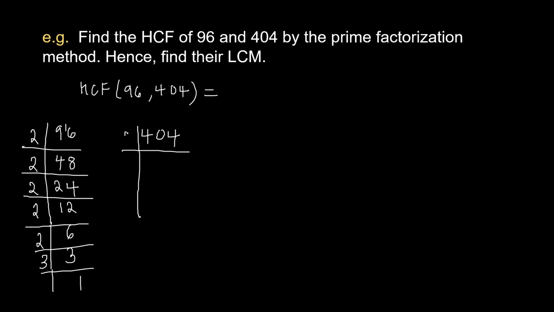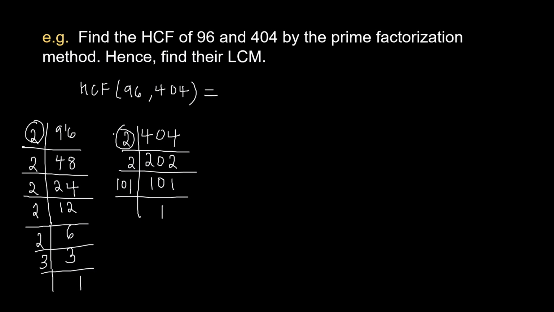Here 404 is divisible by 2, so 2 2s are 4, 0, 2 2s are 4, 2 1s are 2, 0, 2 1s are 2. Now this number is not divisible by 3, not 7, so I think it is a prime number, 101. 1s are 101.